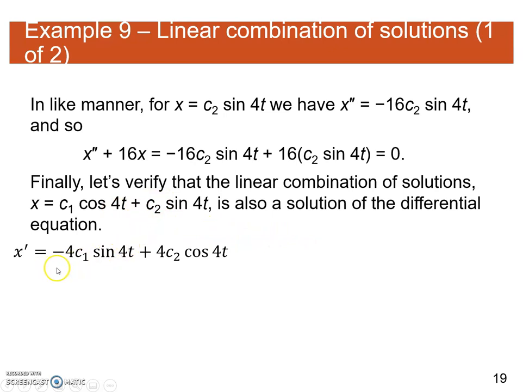In this case, x' will be: cosine changes to minus sine, with a 4 coming out, and sine changes to cosine, with a 4 coming out, plus remaining plus. The second derivative: from sine it changes to cosine, and minus remains minus. Cosine changes to minus sine, and the 4 multiplies with 4 to become 16 in these two terms.